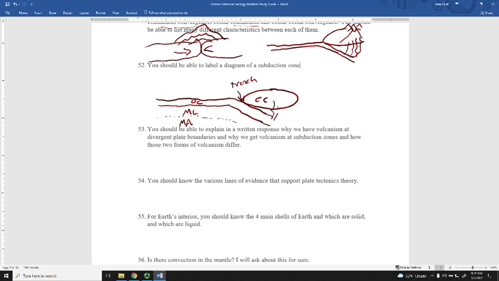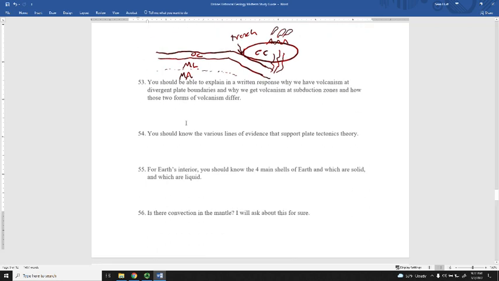And there's flux melting going on here. That's what happens when the water from the ocean crust subducts, and it lowers the melting temperature of the mantle, and it creates volcanism. Okay, and then you get andesitic volcanoes here. They're called arc volcanoes. So you should be able to label all of that stuff.